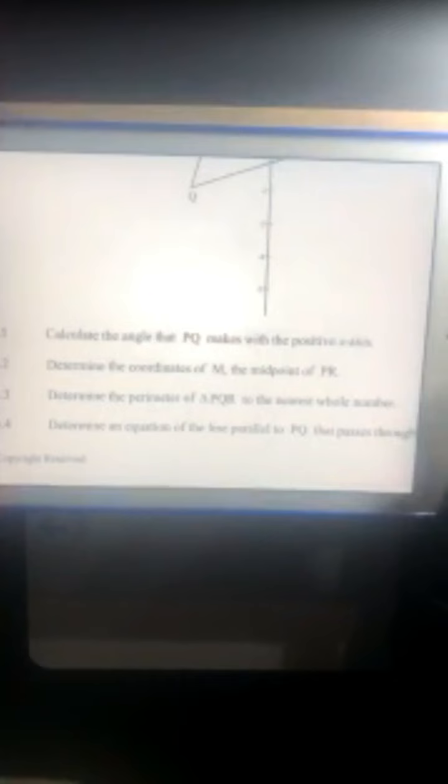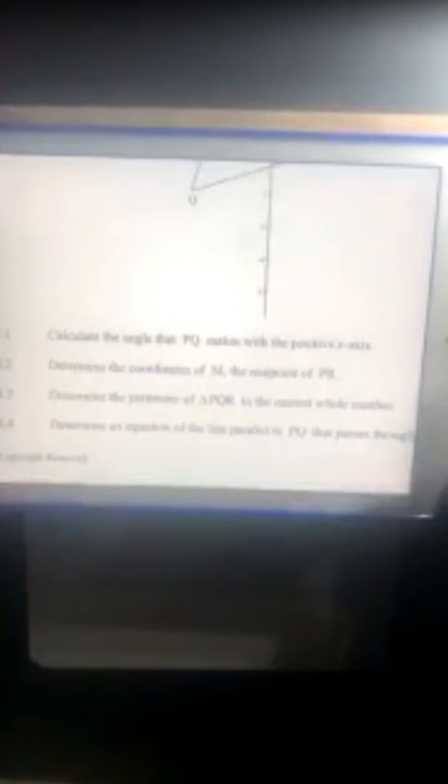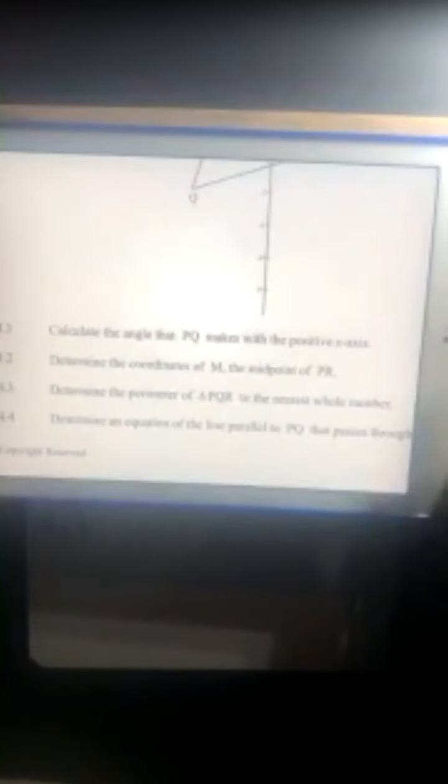But the perimeter, very much so, because otherwise you are not sure if they want you to determine the area, or whatever else of that triangle. It could be many things that you can calculate. It could be the sides of that triangle. It could be so many things that can be calculated for that triangle PQR.